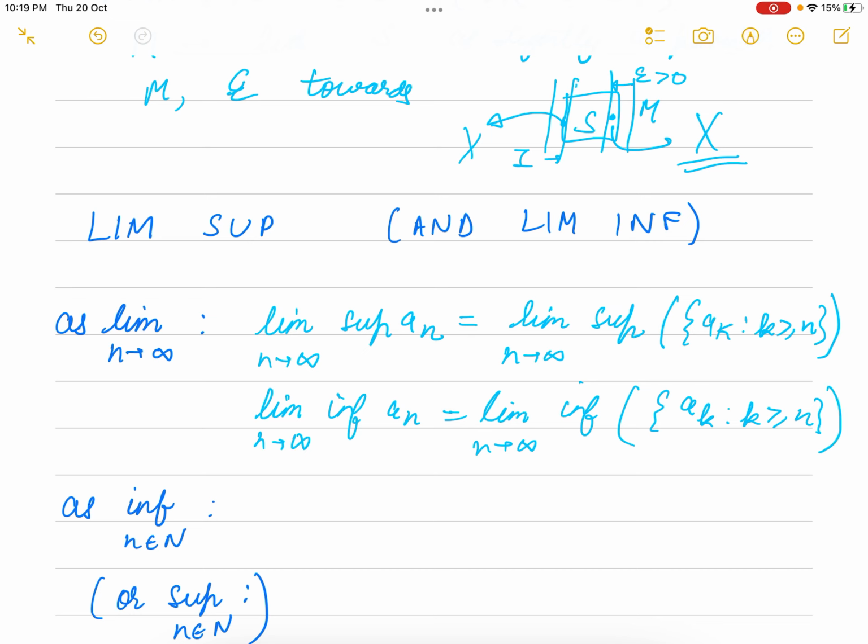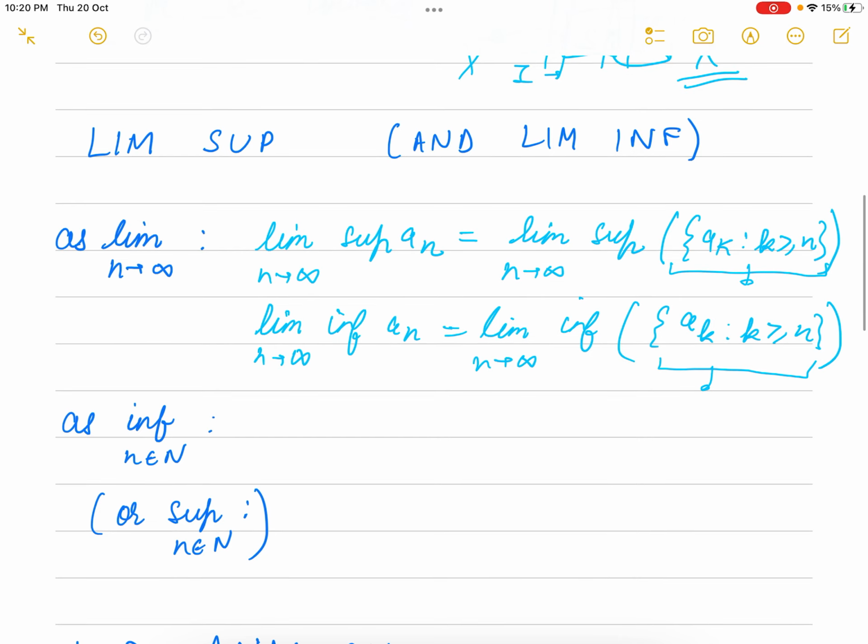Now, as we see, as we increase n, this set reduces in size. That is, the number of elements of this set decreases. Similar for this set. We see that we are taking the supremum or the infimum over the set of the elements of the sequence which have indices k, where k is the index which ranges from n to infinity.